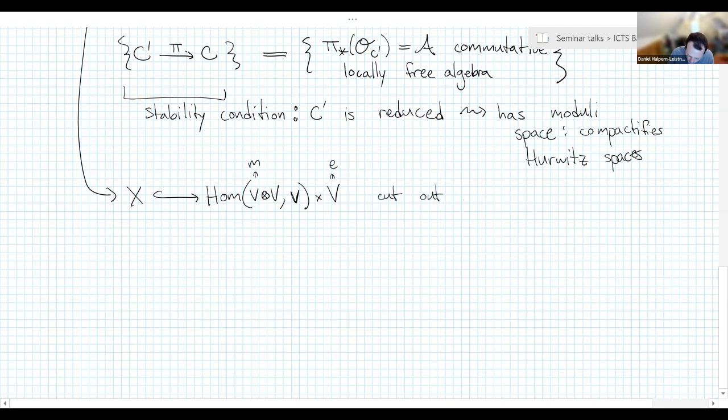It is cut out by associativity and the unit identities.